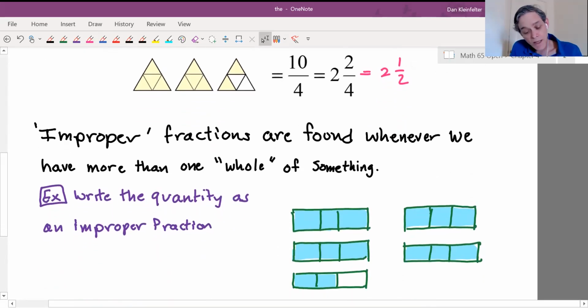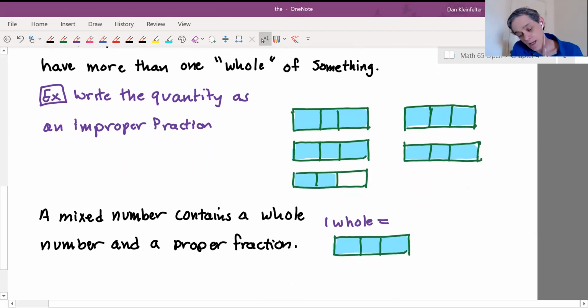Okay, improper fractions are found whenever we have more than 1 whole of something. Okay, so as examples, let's write this quantity as an improper fraction. So it looks like 1 whole is one of these green bars that is divided into 3 parts. So to me, the problem is about thirds. So how many thirds are there?